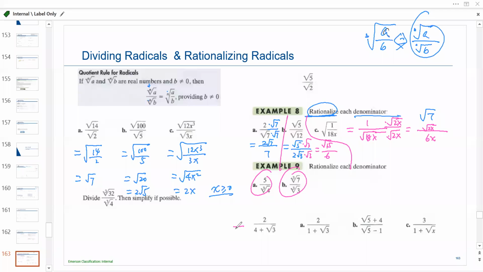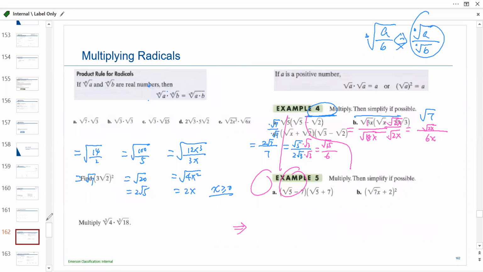So let's see a very special situation. When the bottom has two terms, how do we rationalize it? Just keep in mind, earlier we did a special situation. I think on the last slide we did a situation like this one.